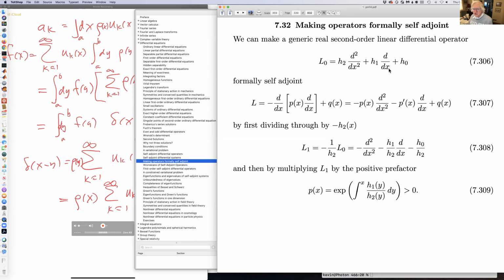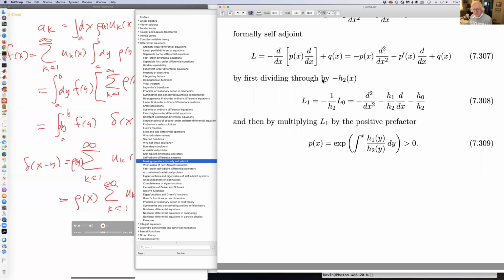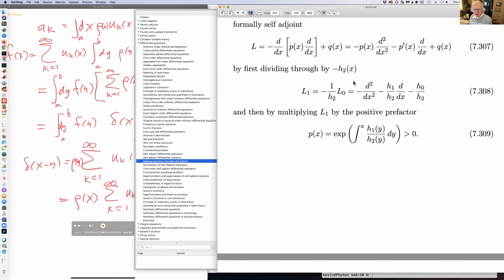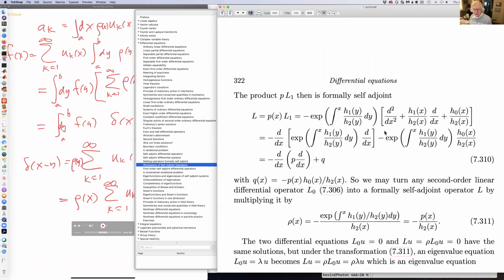H0, H1, and H2 are nonlinear functions of x. You can make it formally self-adjoint, we've seen, by first dividing by minus H2, and then multiplying by p, which is this exponential, and bingo, you finally get it.